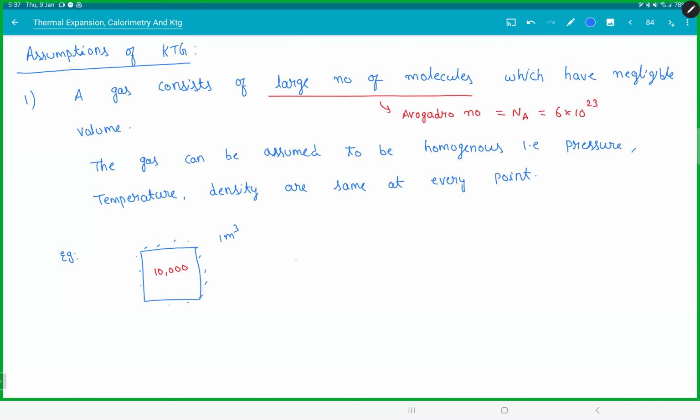Now, if the number of molecules is doubled, what happens to the pressure inside the gas?